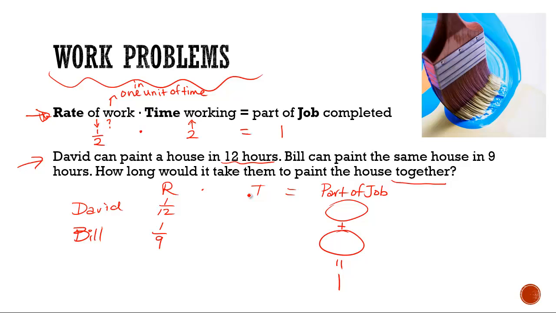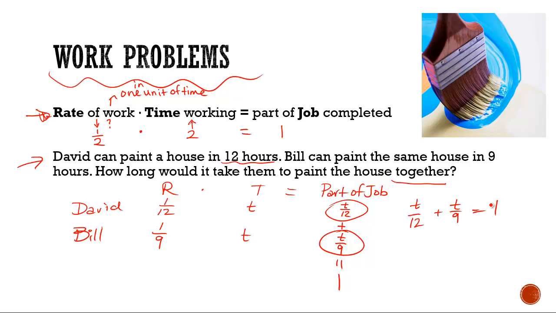So that implies that their times are the same. But we don't know them, so let's call them t, or x. So let t be the time that they take to do the job together. So then if you multiply, that's t over 12 is David's portion, and t over 9 is Bill's portion. So t over 12 plus t over 9 will give us 1, gives us the equation.